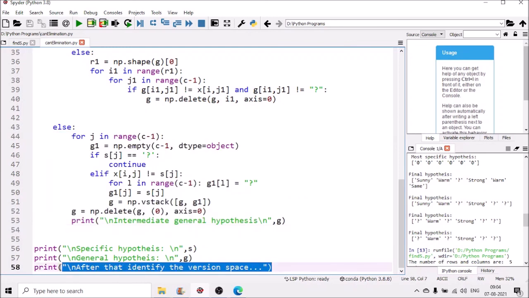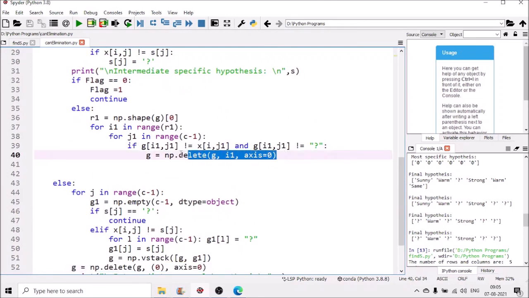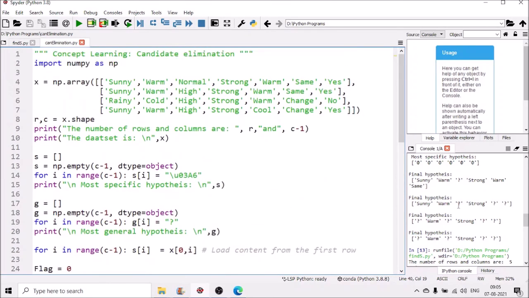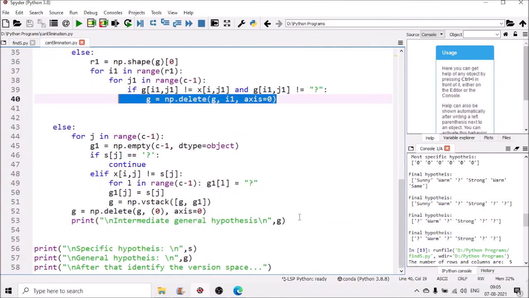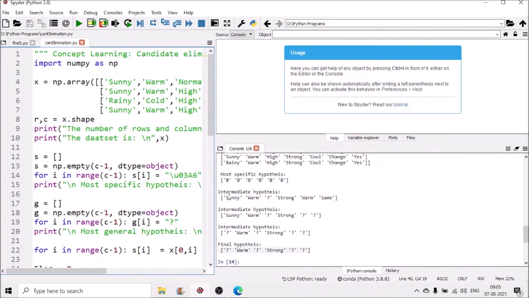And finally, it will print all these things. Here we delete some hypotheses if they create ambiguity. You already know this in both cases. Okay, and we can execute it. So this is our candidate elimination algorithm. I will upload it to GitHub, you can check it later, and we can see the output.